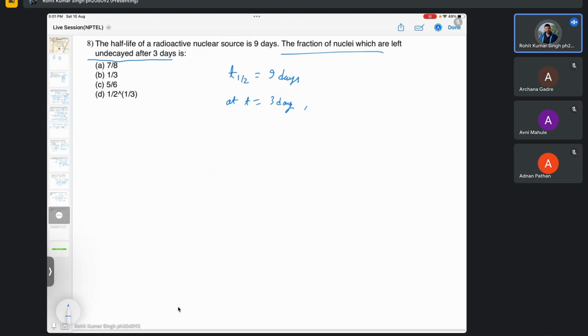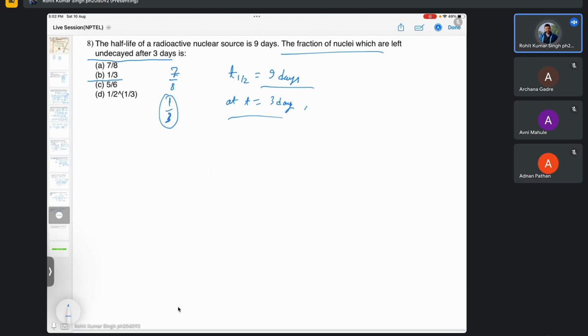So first of all, looking at the options, can you guess what fraction will remain after 3 days if T half is 9 days? First is 7 by 8, right? So B or D? 1/3.